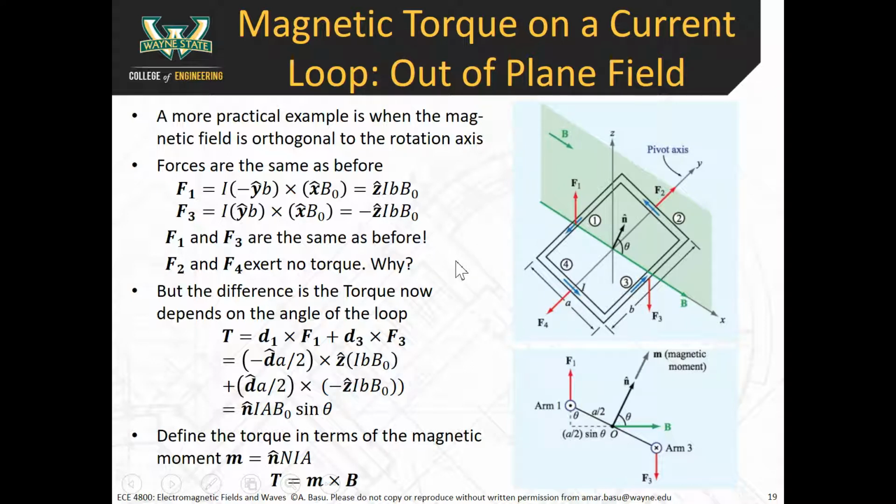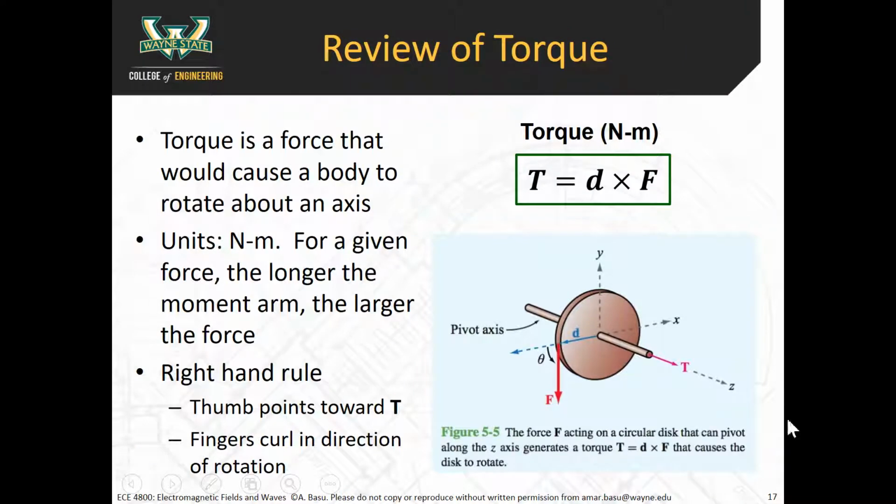The difference here is the torque. In our definition of torque, T is equal to D cross F. What's happening is as the magnetic loop is rotating, the F is not changing, okay? We calculated the F. The F is in the Z hat direction, right?